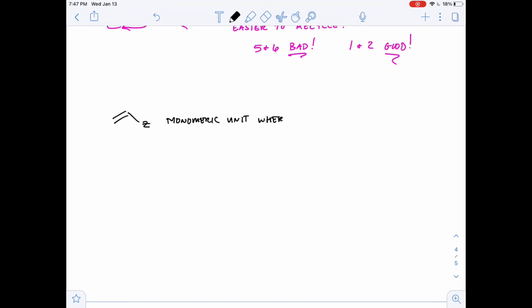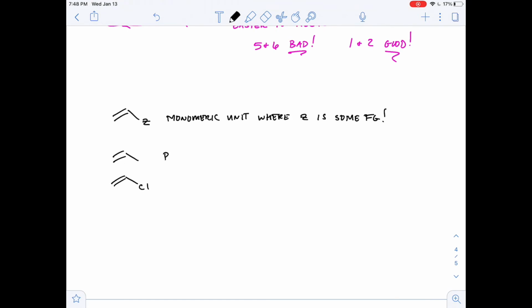All right, so the monomeric unit that we were using before was pretty basic, right? They can get more complicated, as I said, and that's basically when we have Z, some functional group, okay? And let me give you a variety of monomers just to expose you to them. We have propene here, where the Z is a methyl.